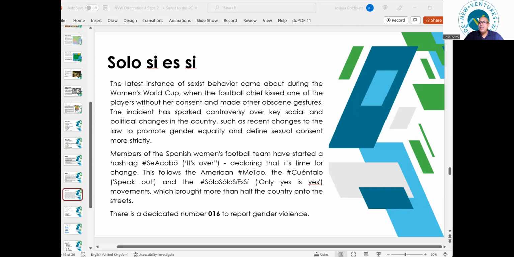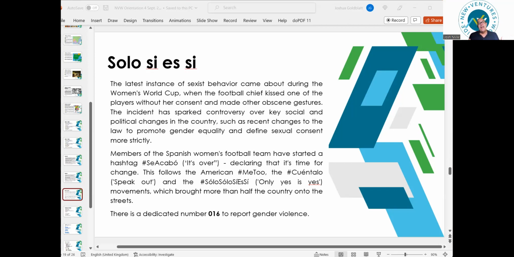This law, which is very, very recent, is called Only Yes is Yes. Solo si es si. Only yes is yes. And this is to protect people from any kind of invasive sexual, physical harassment or behavior.